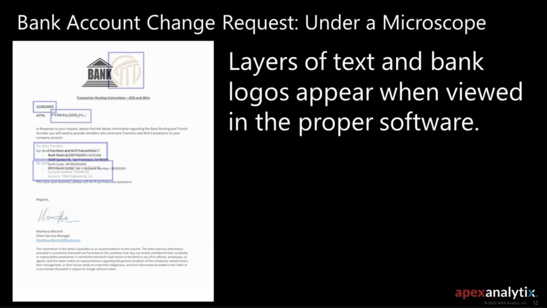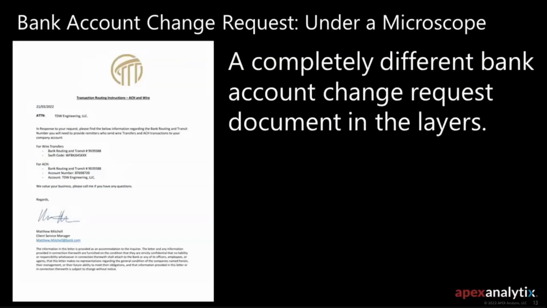So this PDF happened to have multiple layers of images, which you would not see in an ideal situation. And then a completely different bank account change request in the layers, right? So that was the superimposed image.